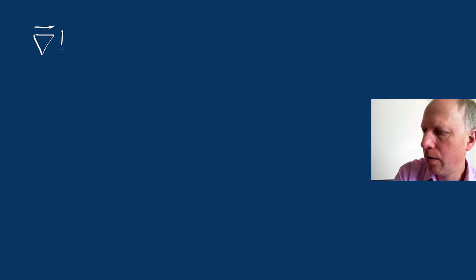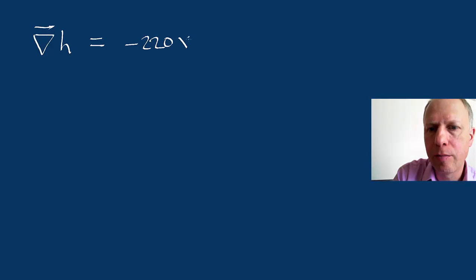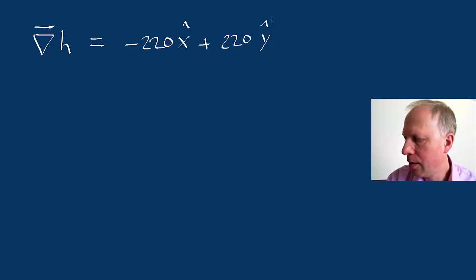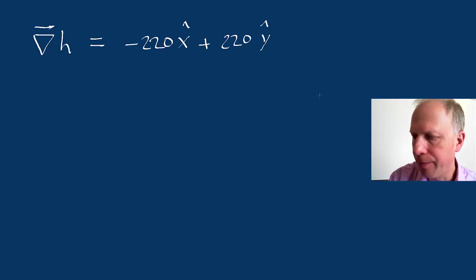So the gradient of h is minus 220 x hat plus 220 y hat, which refers to feet per mile, change in h with respect to changes in x and y.